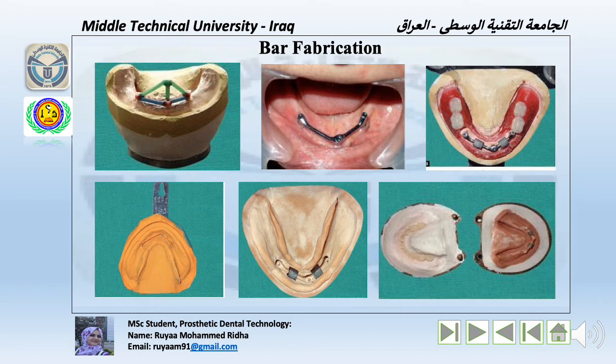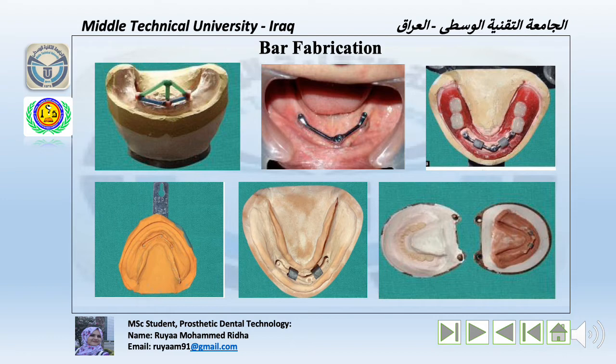Then the tooth position index is used to place the teeth in the same location. When the bar is placed on the master cast, the undercut surface area is blocked and a duplication is made with rubber-based impression material, then the impression is poured with dental stone.